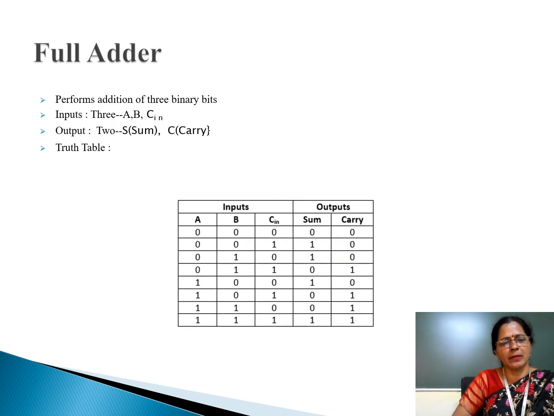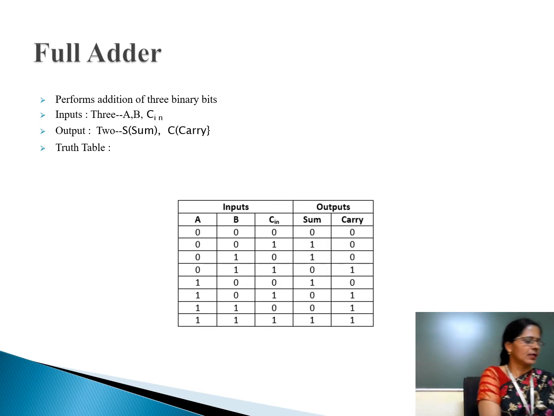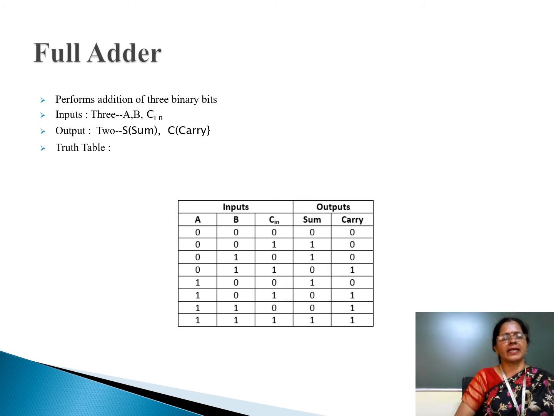Next we discuss the full adder. A full adder is a type of combinational circuit that can add three binary digits at a time. In a half adder, 2 bits can be added, but in a full adder, 3 bits can be added at a time. The 3 bits means it has 3 inputs, and we can name the 3 inputs as A, B and C in, and two outputs named sum and carry.